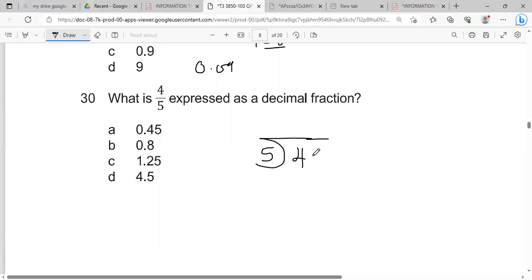So this is 4.0. 5 into 4, we can't. So put a 0, put back our decimal point. 5 into this goes 8 times, 5 8s are 40. And then we subtract, which gives us 0.8.